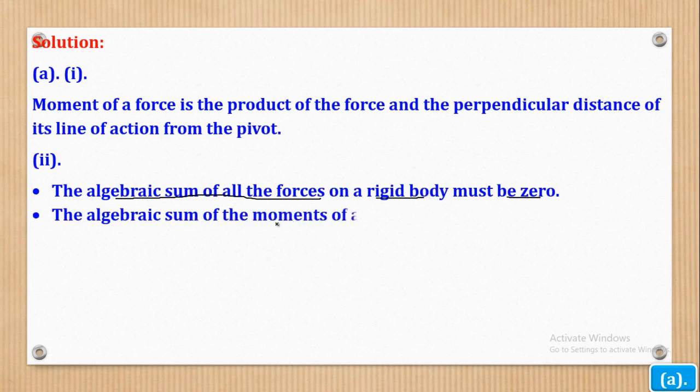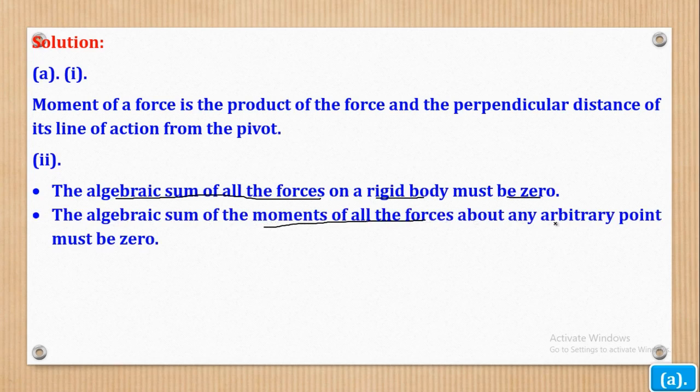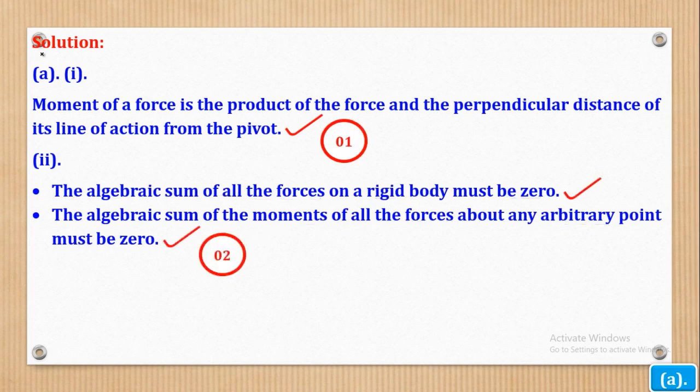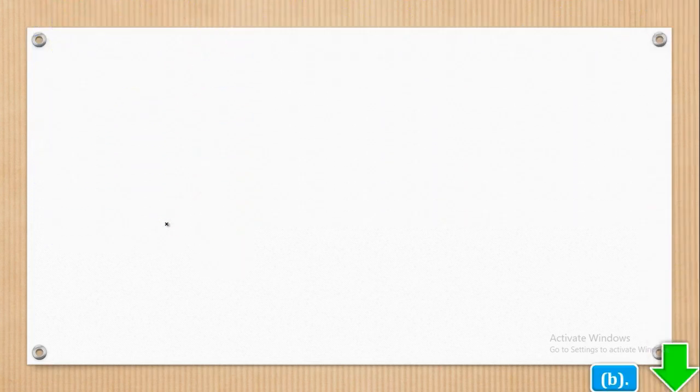Then the second condition is that the algebraic sum of the moments of all the forces about any arbitrary point must be 0. So those are the two conditions. So have full mark for the definition of moment of a force, 1 mark for the first condition, 1 mark for the second condition. So now we shall go to part B.